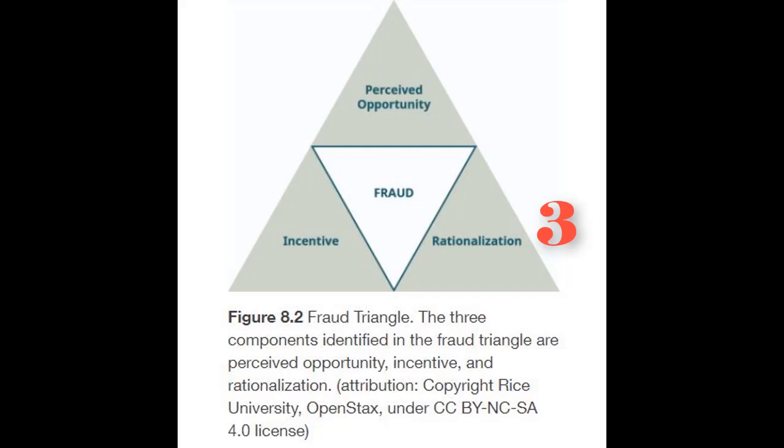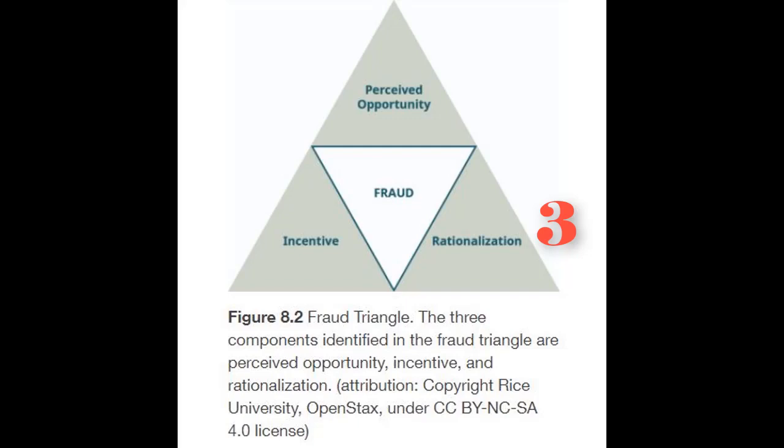More often than not, people who steal, who commit fraud, not only see the opportunity to do so, not only are incentivized to do so, but they comfort themselves or they justify the crime by saying, I deserve it. I've had a hard life and I deserve to steal this money.